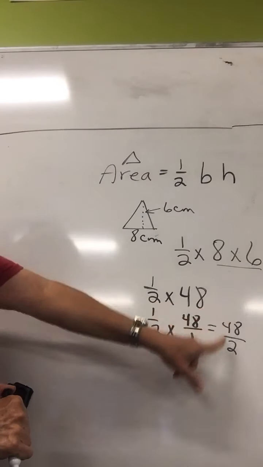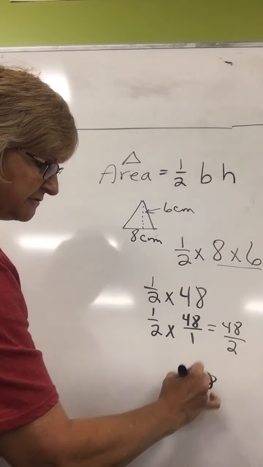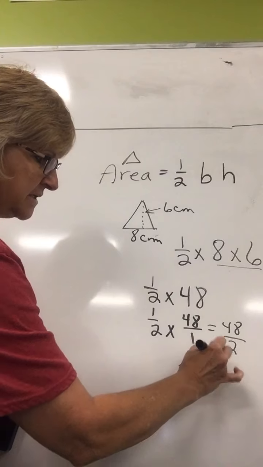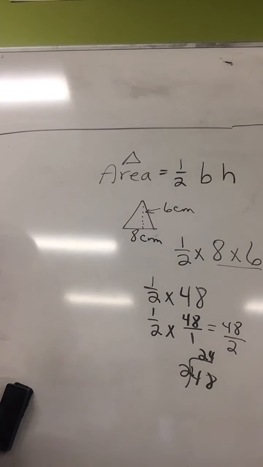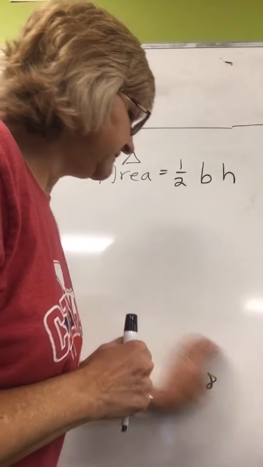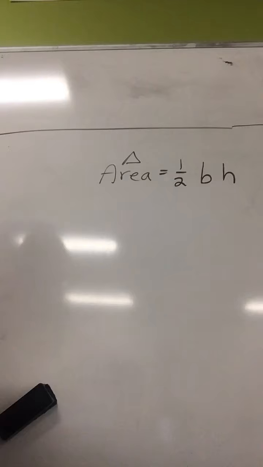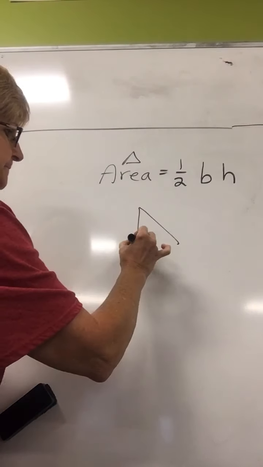Then I have to fix this because it's improper. That's still 48 divided by 2. So 48 divided by 2 is still 24. So either way you do it, it's 24 square centimeters. I think probably just dividing by 2 is a little easier, but it's up to you. Okay, let's do one more triangle.